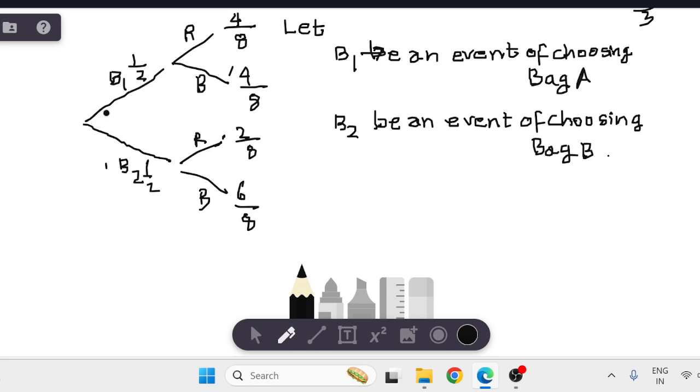One more thing I forgot to tell: the sum of the probabilities in the first branch will always be 1.